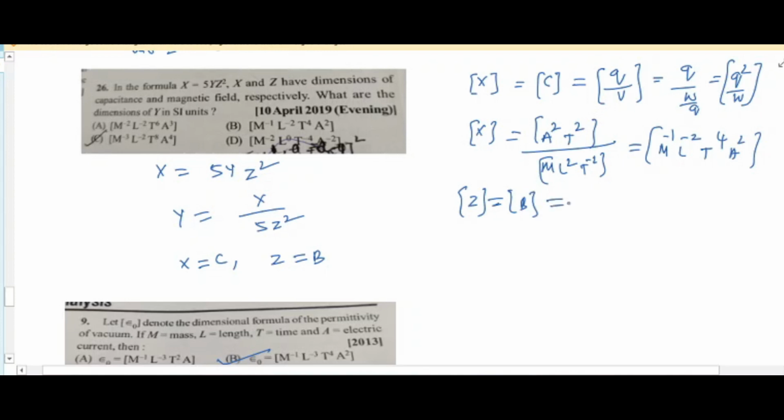and the dimensional formula for B, just now I gave this one, M A to the power of minus 1 T to the power of minus 2. Therefore, Y is equal to X by 5Z square. X is M to the power of minus 1 L to the power of minus 2 T to the power of 4 A square. 5 is a number. This becomes M A to the power of minus 1 T to the power of minus 2.